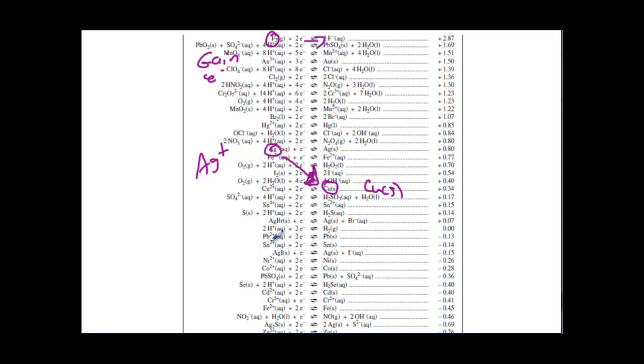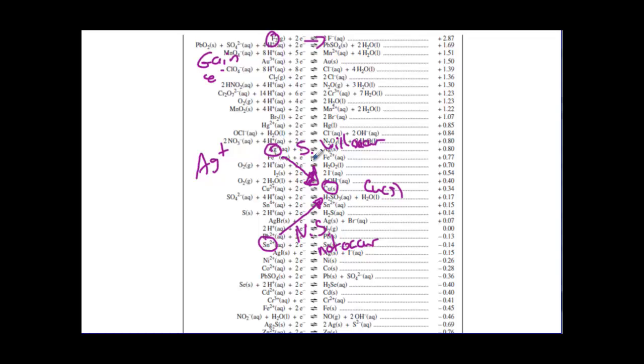Let's say, though, that it was tin trying to react with copper. This orientation, you would say, is not spontaneous, and this orientation you'd say is spontaneous. This reaction will occur, and this reaction will not occur. And it basically just has to do with the ranking system.